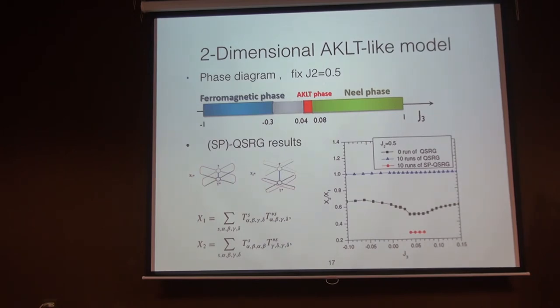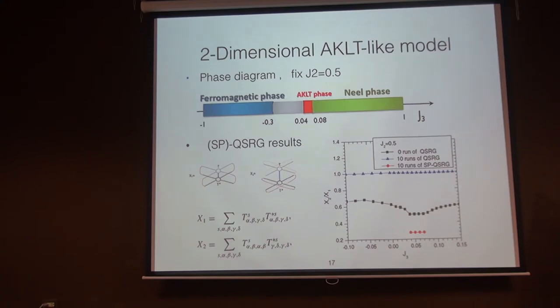That means all phases are short-range entanglement states. However, if we preserve the symmetry, then in this region the AKLT phase will flow to a non-trivial fixed point. So this is evidence for the symmetry protected topological phase.